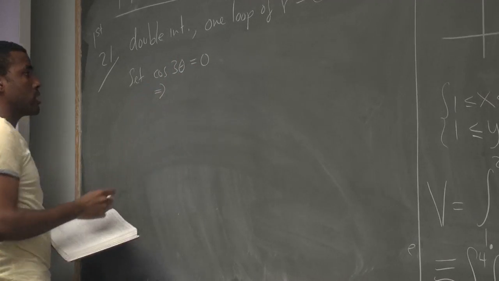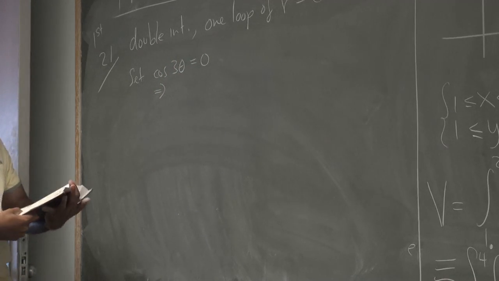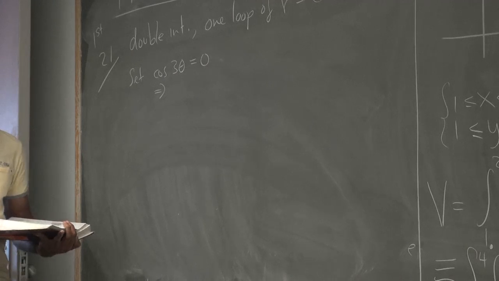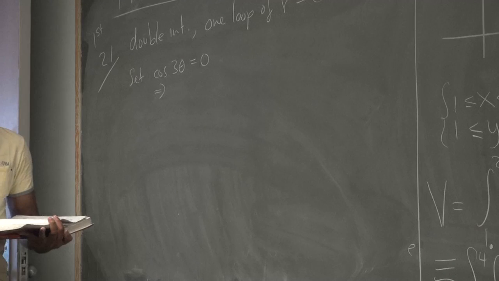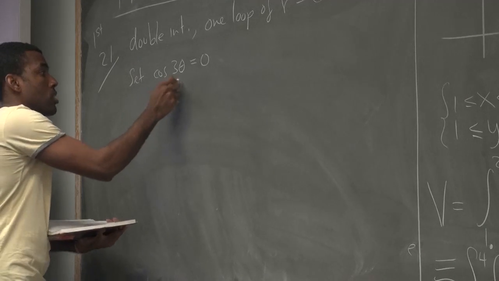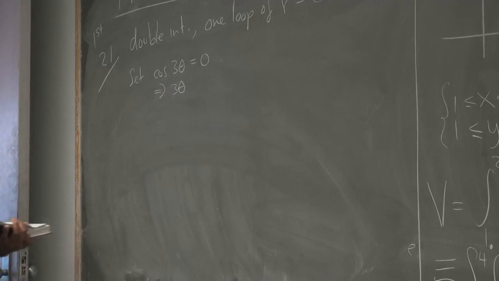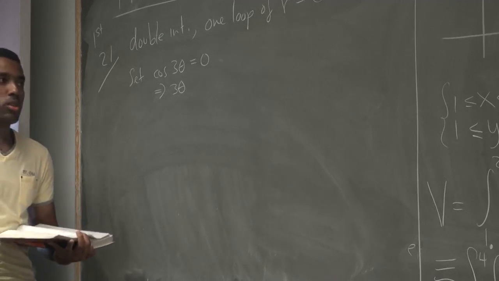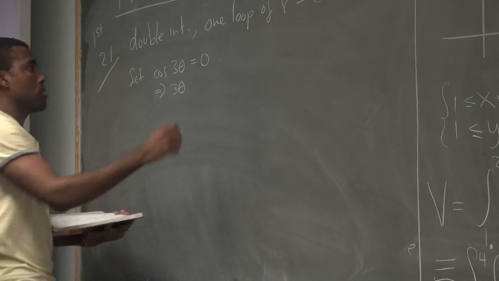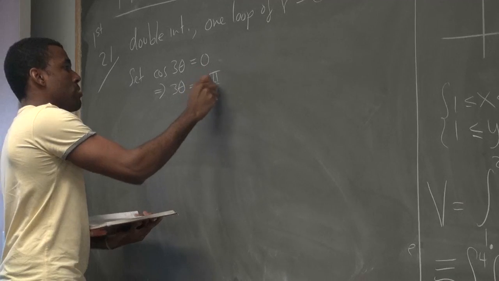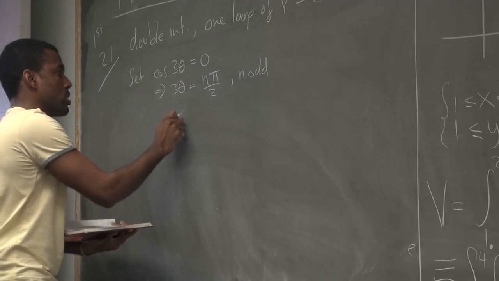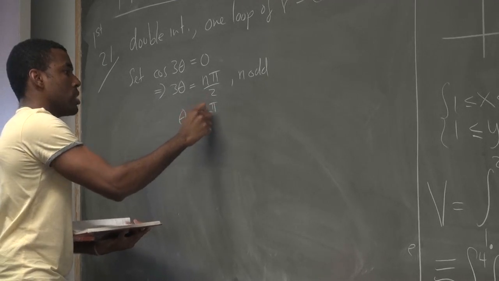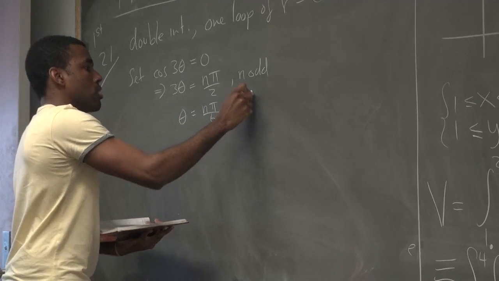How do you solve that? Cosine 3 theta equals 0. What are the values? No, cosine 0 is 1. Where's cosine equal to 0? Pi over 2, negative pi over 2. It's n pi over 2 where n is odd, right? That's everywhere where cosine is 0. So then your theta looks like n pi over 6 where n is odd, right?